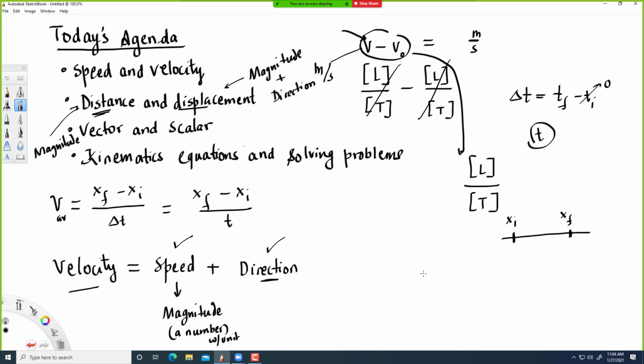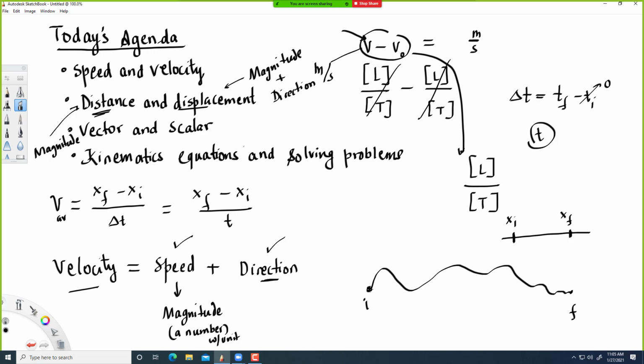So distance is the total length of the path you travel from some initial point to final point. Let's say your initial point is here, we'll call that I, and your final point, call that F. So between I and F, you're traveling like this, through some zigzag path.